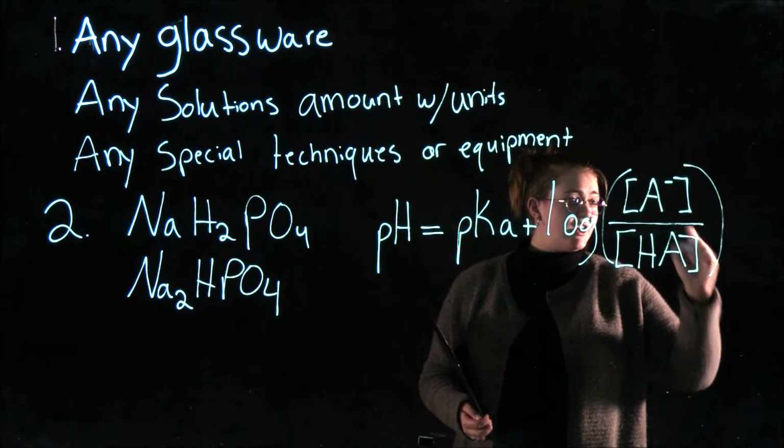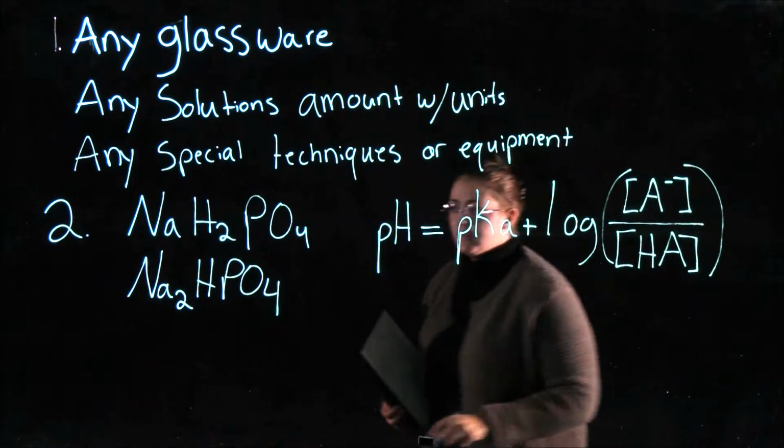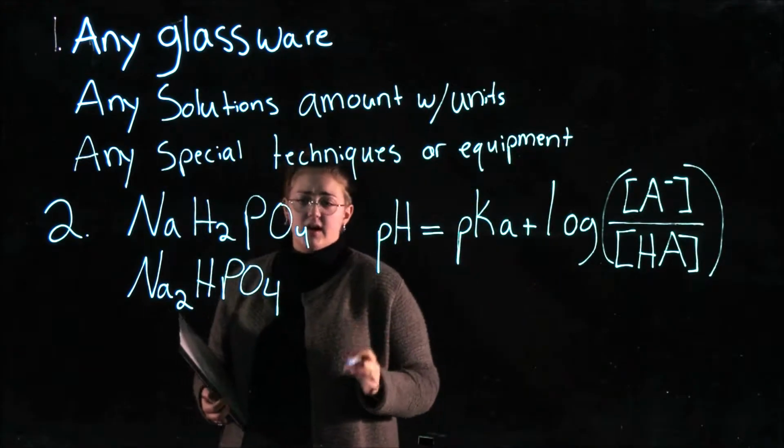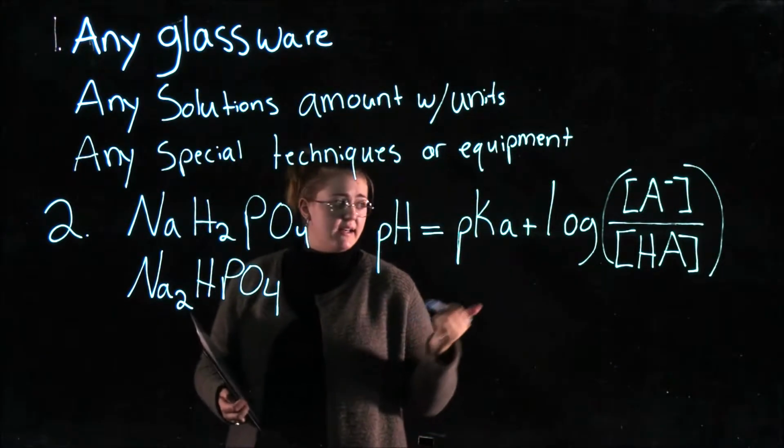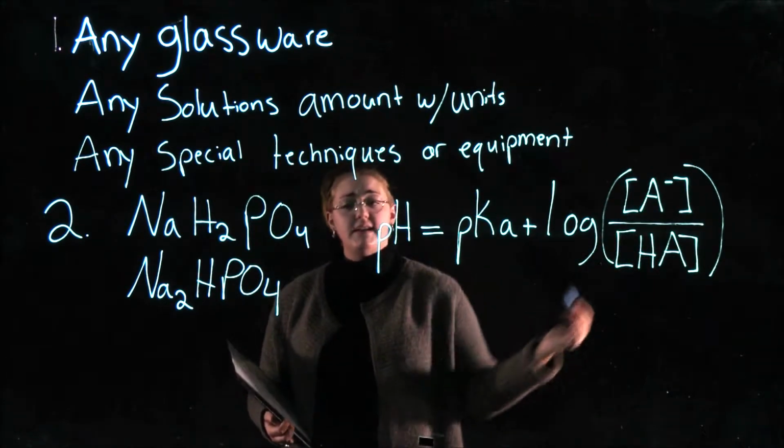Remember, in this equation, your A stands for your acid. So one of the things you need to consider is what, in this instance, is your conjugate base, and what is your acid.